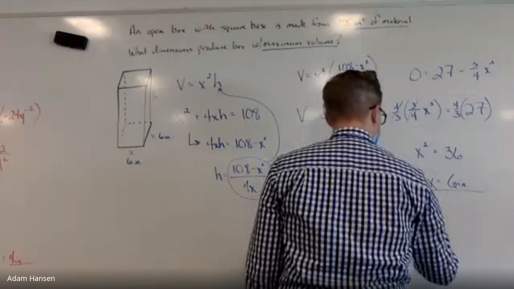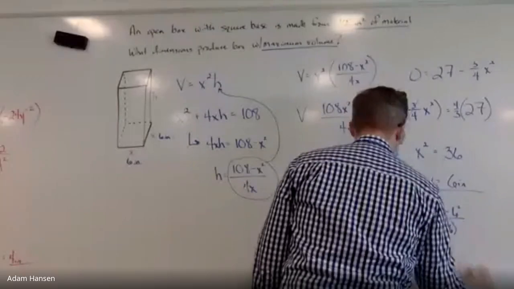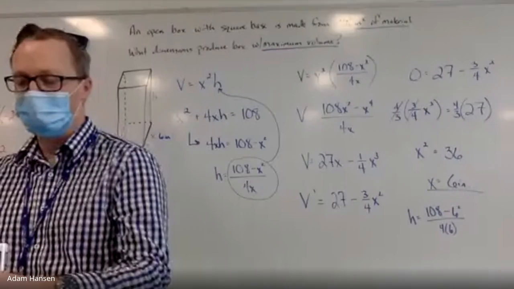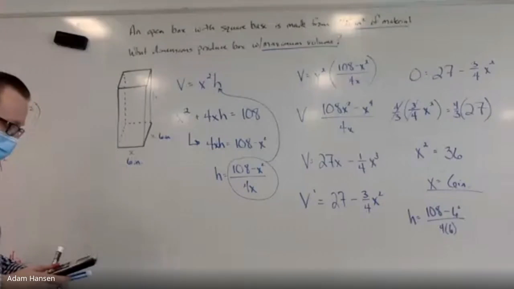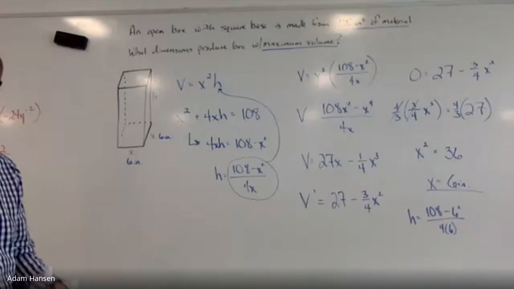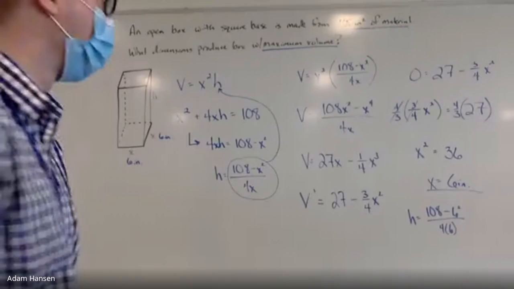Height equals 108 minus 6 squared divided by 4 times 6. We have a calculator here. That's 108 minus 36 divided by 24, which is 3.